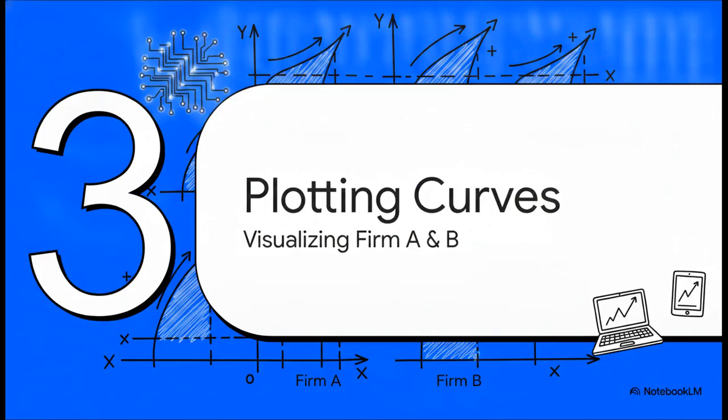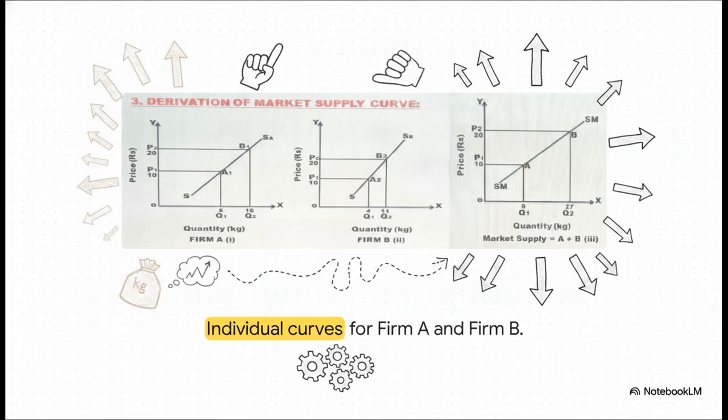Section 3. Plotting the individual curves, visualizing Firm A and Firm B. Okay, shifting over to our digital workspace, direct your eyes to the left and middle panels. In panel 1 on the left, we've plotted Firm A's upward sloping supply curve, which we're labeling SSA. At the price of OP1, which represents our 10 rupees, they supply the line segment P1A1, which is that 500 kilograms.